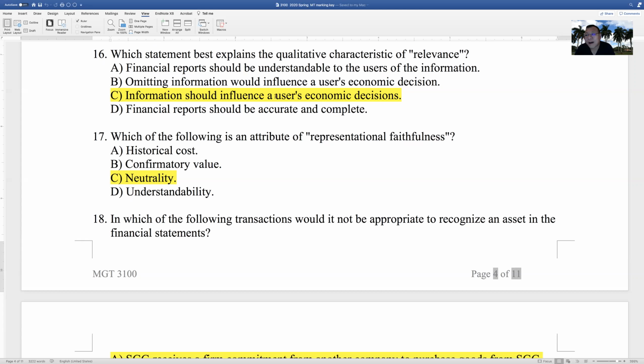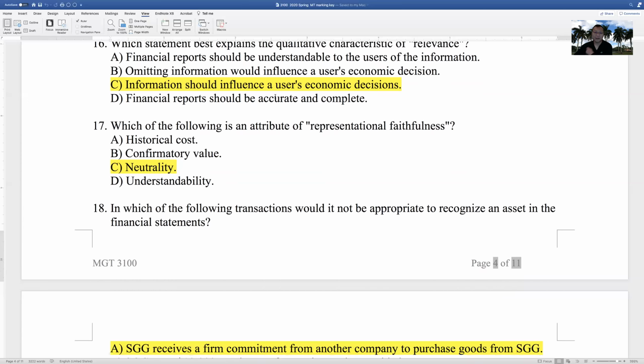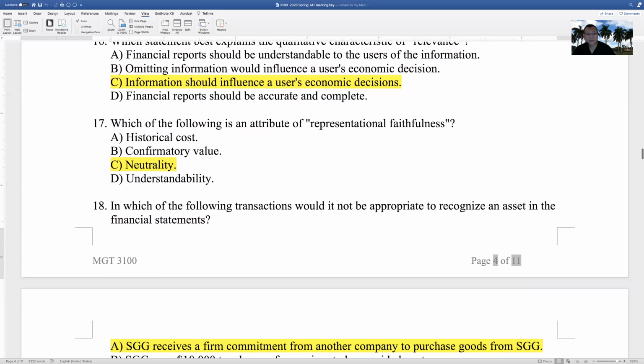The $1 million is an old number. It's reliable, but it's not relevant. Basically, relevancy is really about whether the information should influence a user's economic decisions.